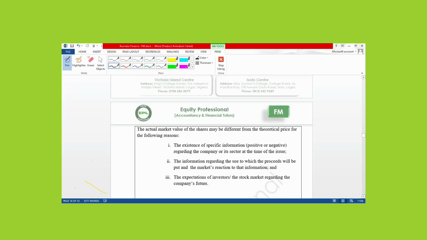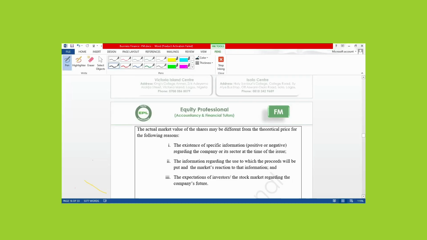The money is to buy new equipment so as to expand the company's product range. Then how will the market react to that information?